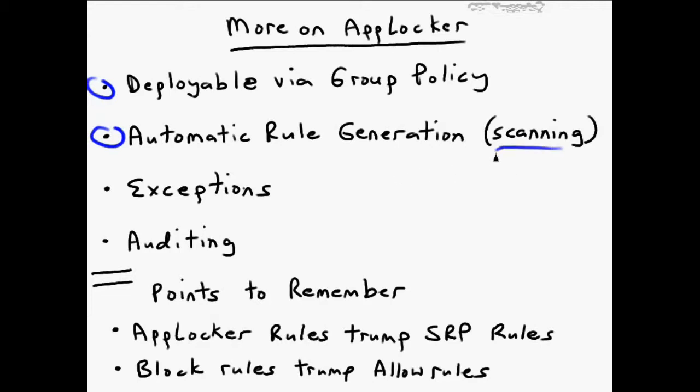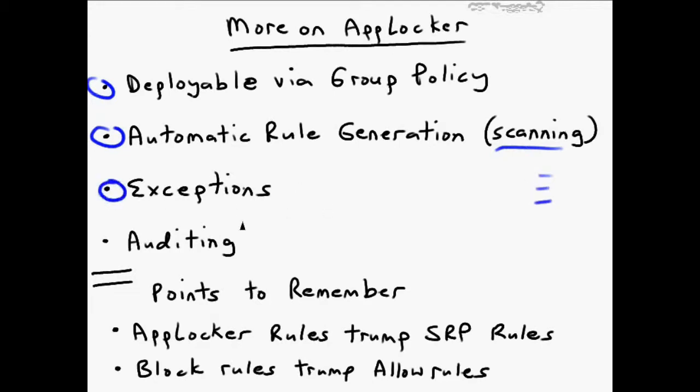Tell AppLocker to scan the directory and it picks up those executables, which can be very efficient, because as we're going to see, with the granularity that you have with AppLocker, you can block, for instance, particular versions of an application. You can allow all applications from a particular publisher except a certain list or one in particular.